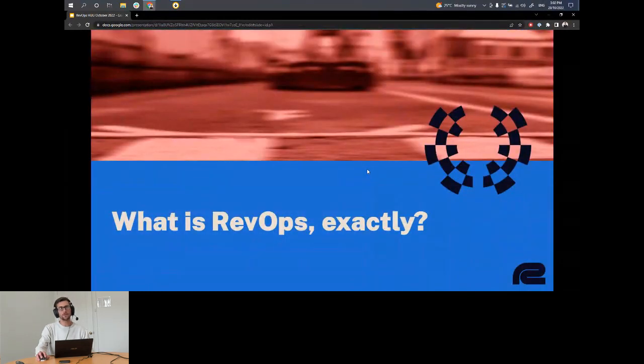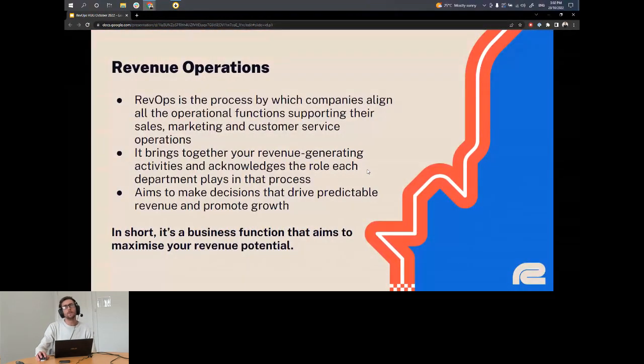So to start with, let's have a look at what exactly RevOps is. So revenue operations, or RevOps in short, is the process by which companies align all of the operational functions supporting their sales, marketing, and customer service operations.